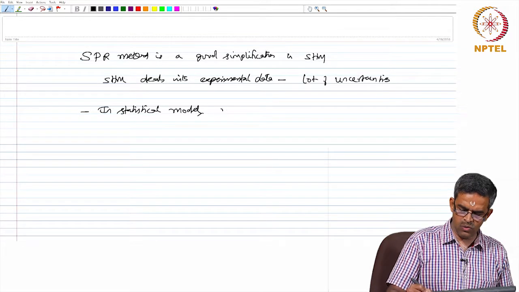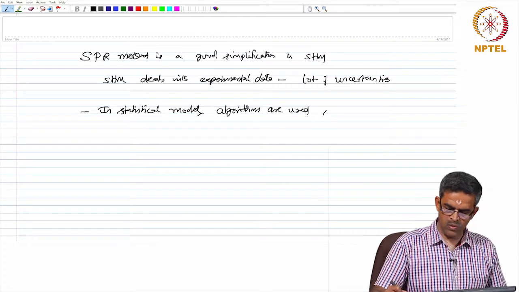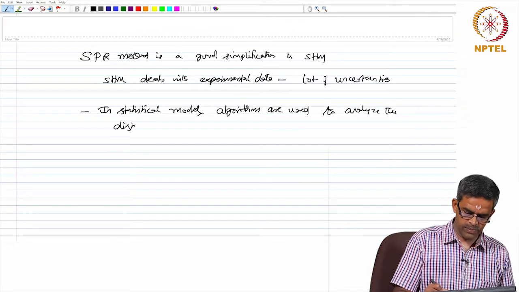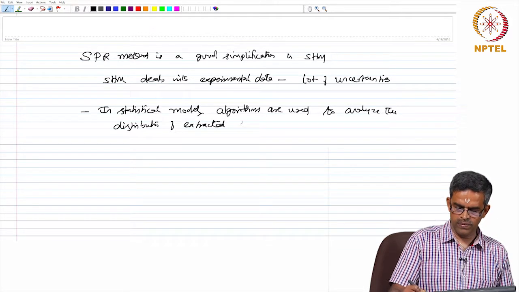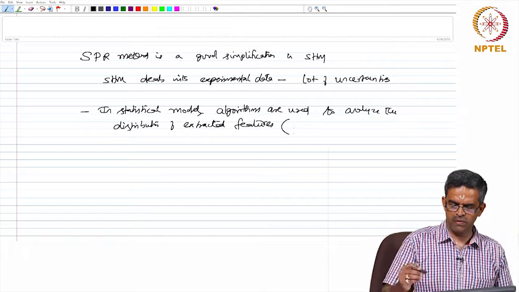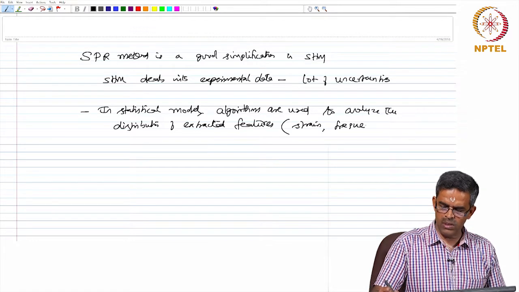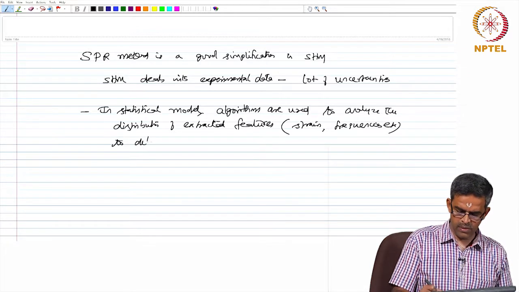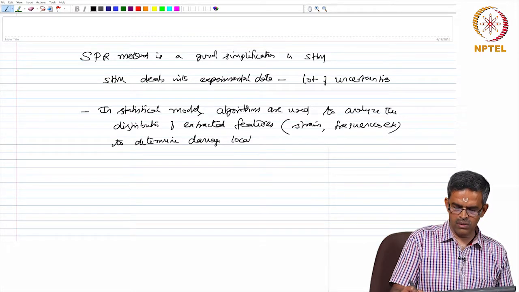Different algorithms are used to analyze the distribution of extracted features. What are the normal extracted features? Maybe the strain measurements, maybe frequencies, etc. to determine the damage location.